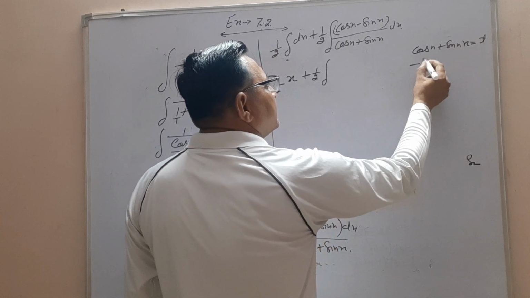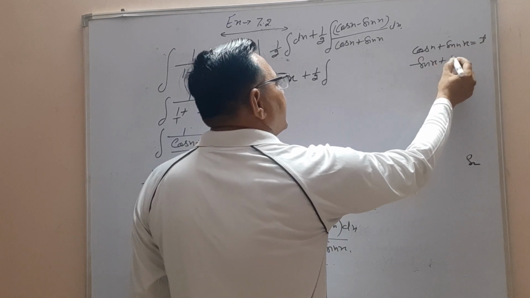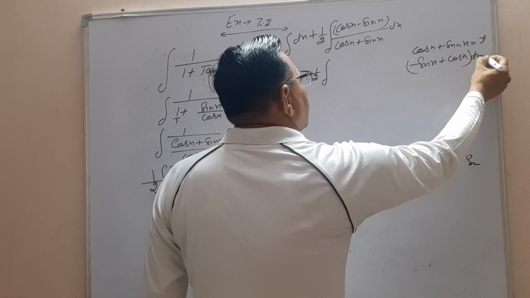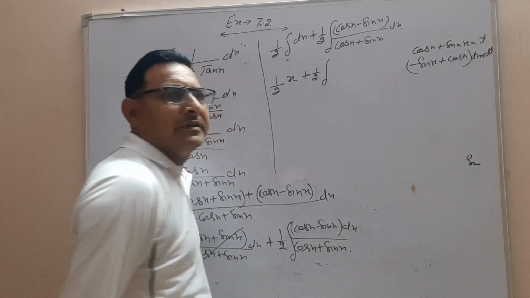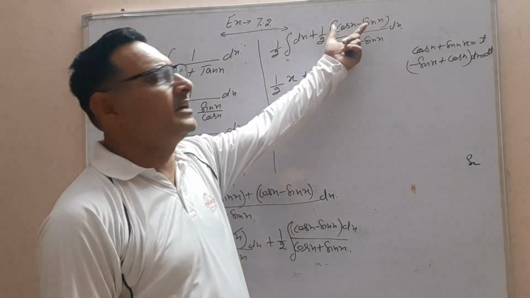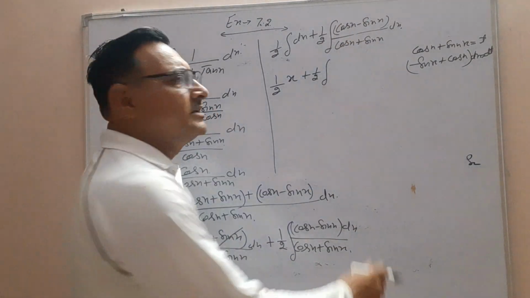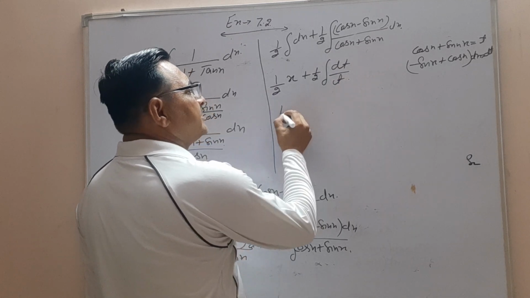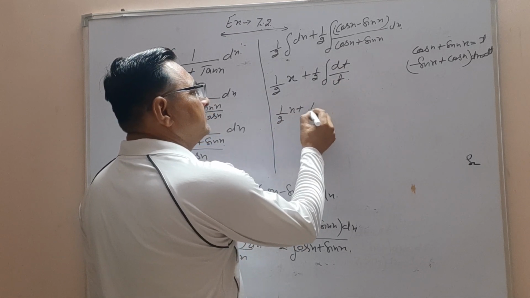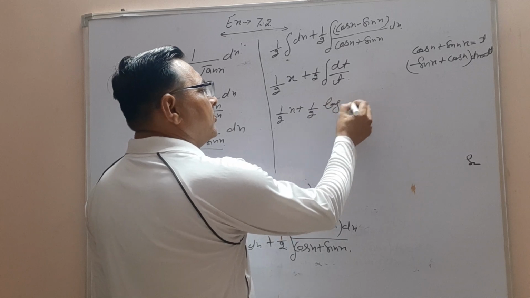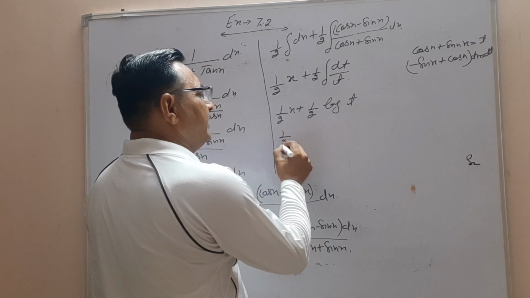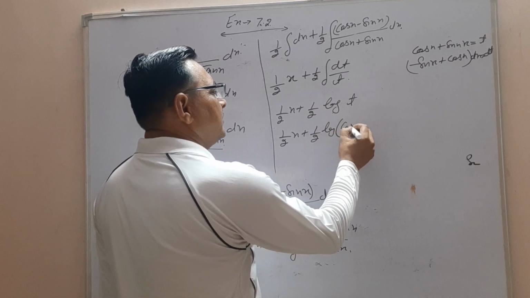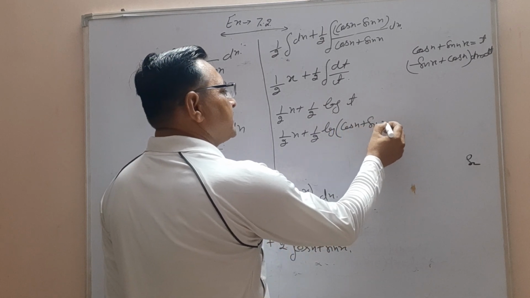What will you get? Minus sin x plus cos x into dx is equal to dt. So this function in the numerator will be dt and the denominator is t. So you will get dt by t and its integration will be log t. Log of t. Now put here the value of t: log of cos x plus sin x plus c.